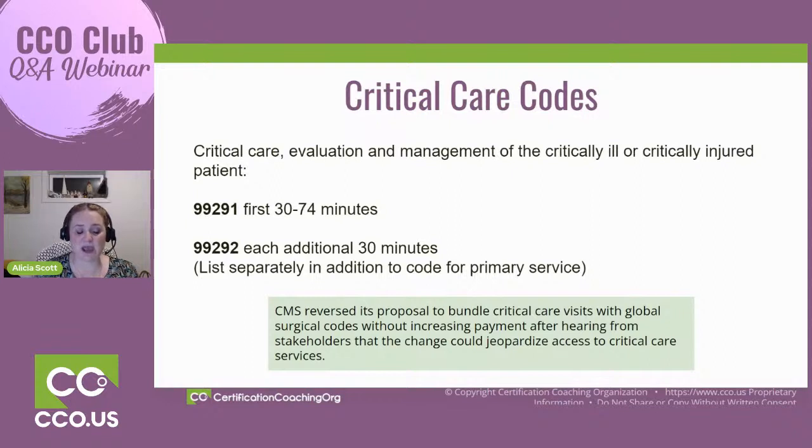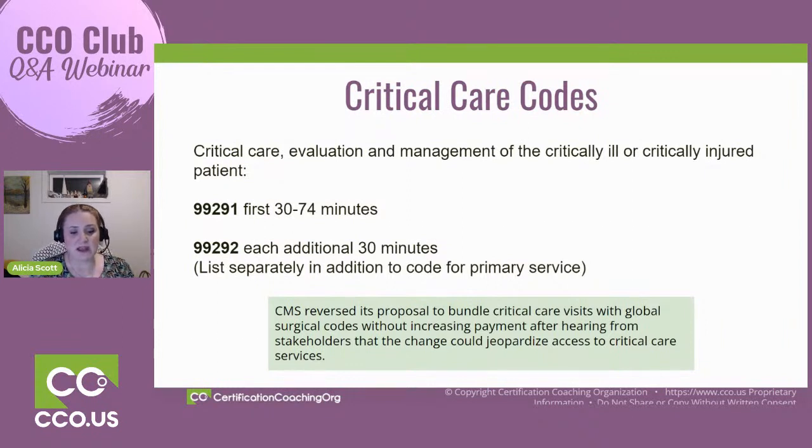So if you had 74 minutes, that would be the first code, and then you had another hour on top of that, then you would use the 99291 by itself because that's the parent code, and then you would use 99292 times 2, or just write it twice, depending on how your payer wishes to have it put on the form.